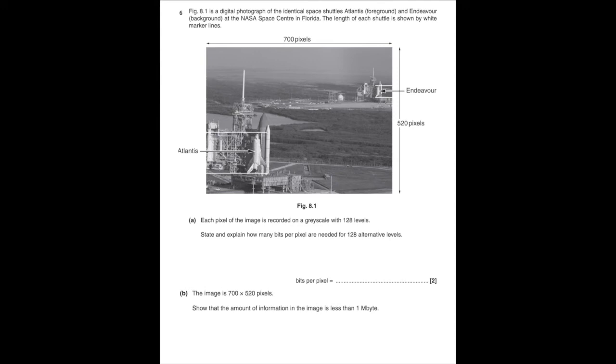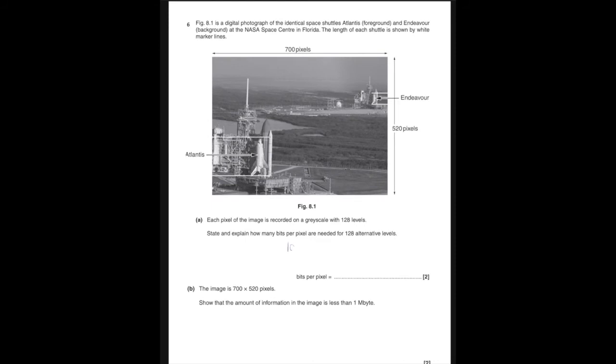So we are saying how many bits allows you to have 128 alternatives. So to find that, we say, well, okay, log to the base 2 of 128 gives us our total number of bits. And when we do that, we get a value of 7. So the bits per pixel will be 7.